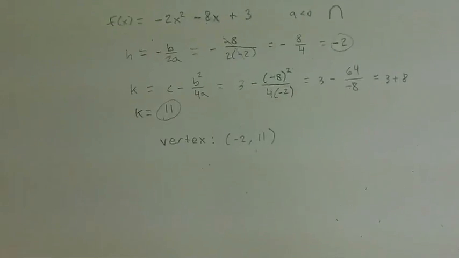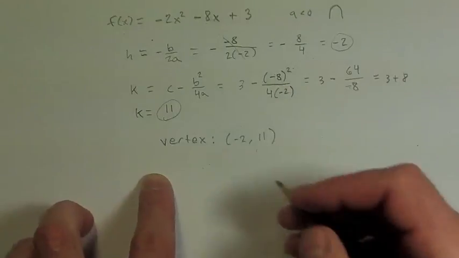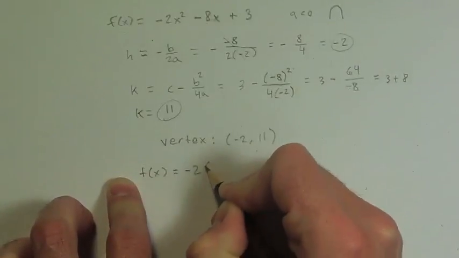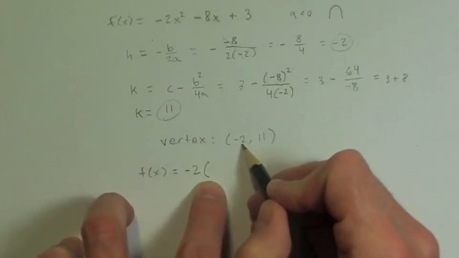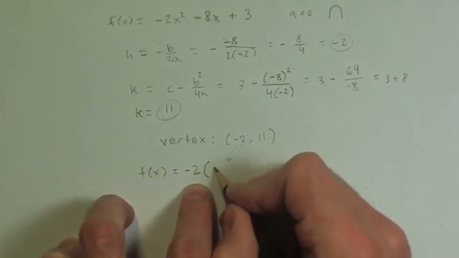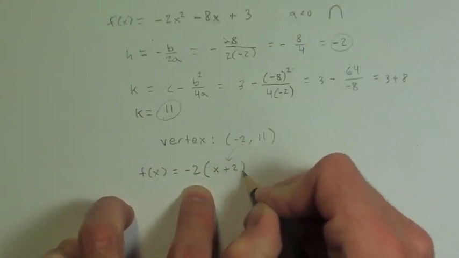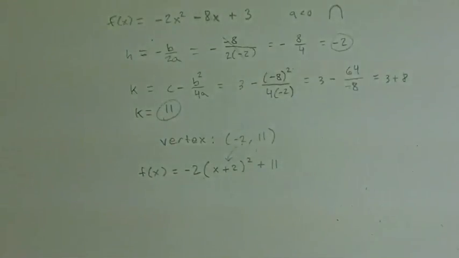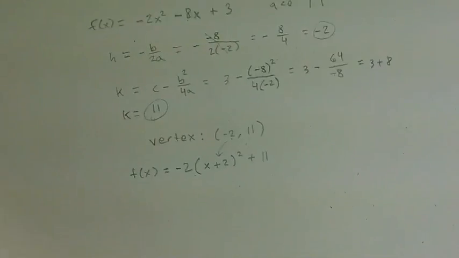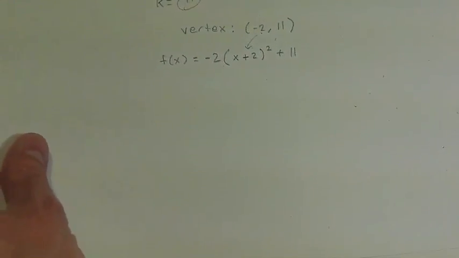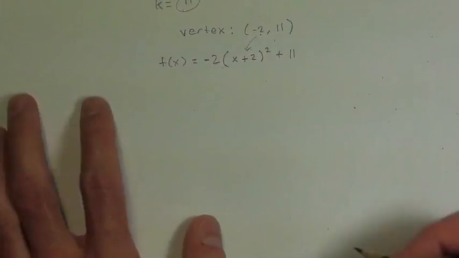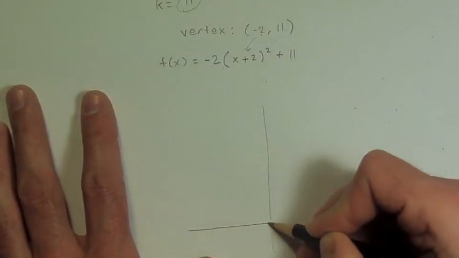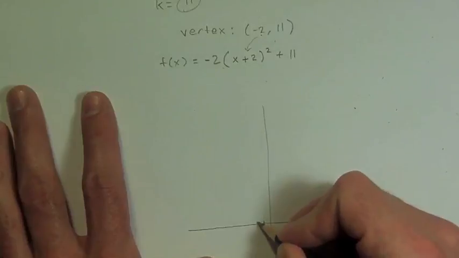Right. So when we go to put that in vertex form, f of x has the same a, but now remember you change the sign. So you change the sign when you move it in. So it's going to be -2 times x plus 2 squared plus 11. Okay, in vertex form. Alright, so -2, 11. This graph is going to be interesting.